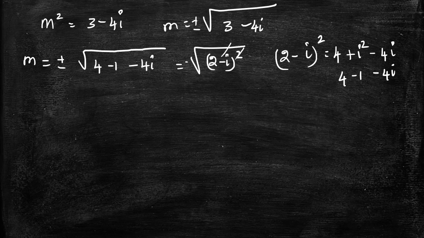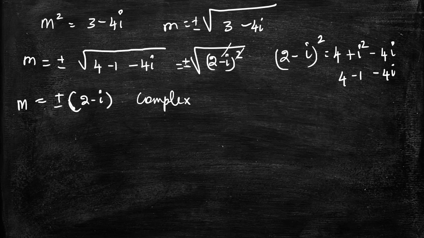Now the root and the square root will get cancelled out. So my actual root will be plus or minus (2 minus i). Okay, so these are complex roots.